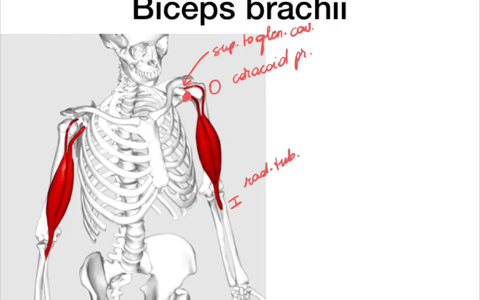And of course, the ulna tags along with it to where we see that the whole forearm is flexed, I should say. But as I mentioned, the biceps brachii does flexion at the elbow much better in the supinated form of the forearm, meaning when you're holding a bowl of soup, that's when you tend to flex with the biceps brachii the best.